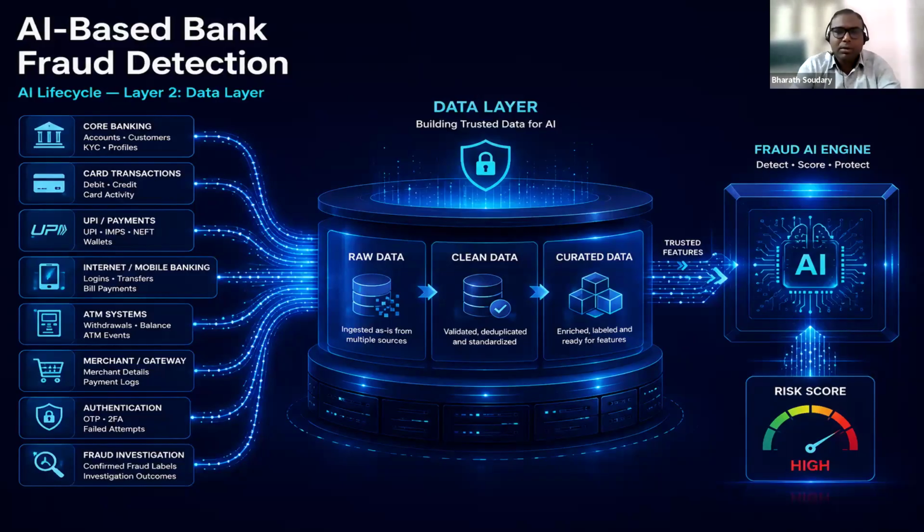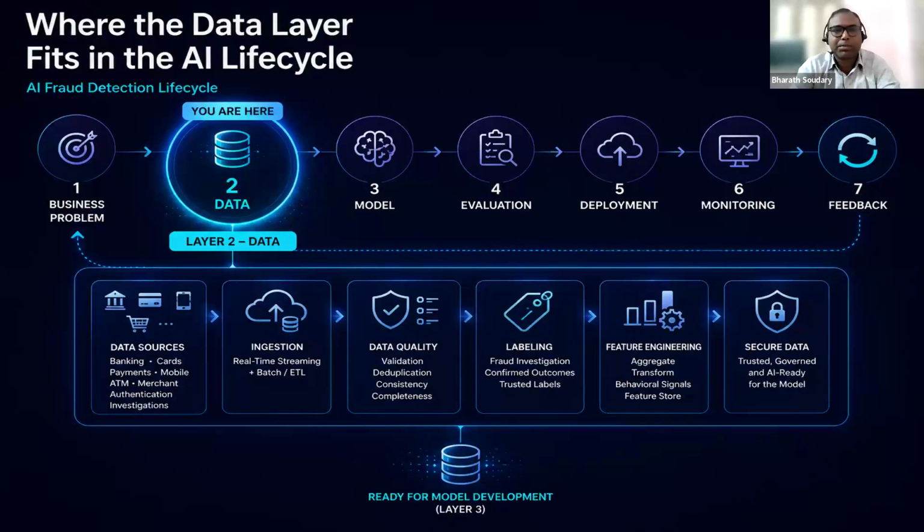I'll go on to the next slide to explain where the data layer actually fits in the AI lifecycle. The lifecycle shown here is business problem, data, model, evaluation, deployment, monitoring, and feedback. The AI lifecycle starts with the business problem, in this case, rising financial losses due to undetected fraudulent transactions.